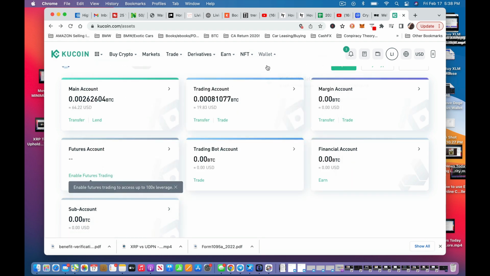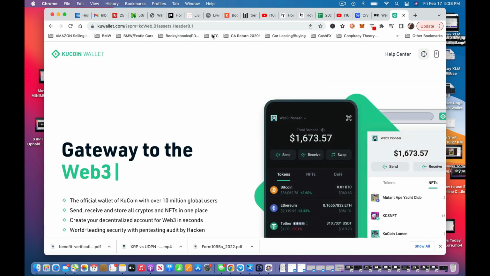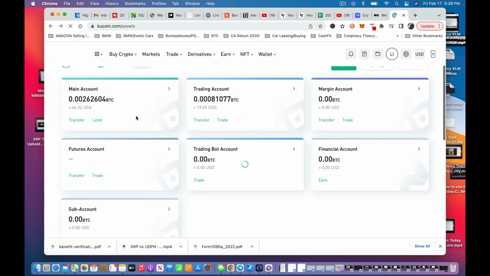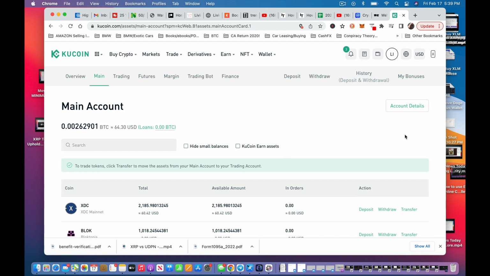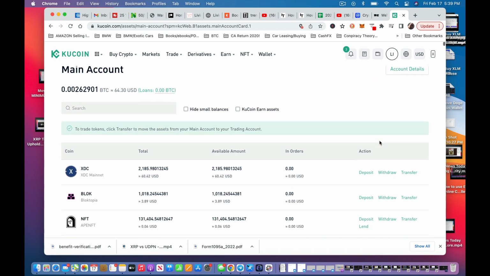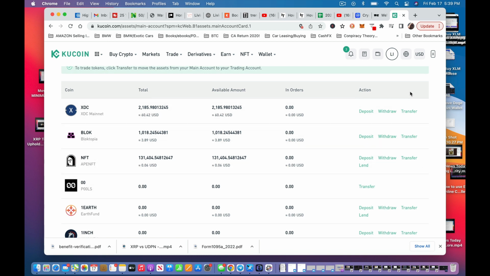Now, let's say that you had, let's see, your wallet. Okay, self-custody wallet. Nope. Let's go back a sec. Sorry. Here we go. See, there's probably not enough in here for me to withdraw, and there's nowhere I can store this. But let's say I had XLM or Bitcoin on here.